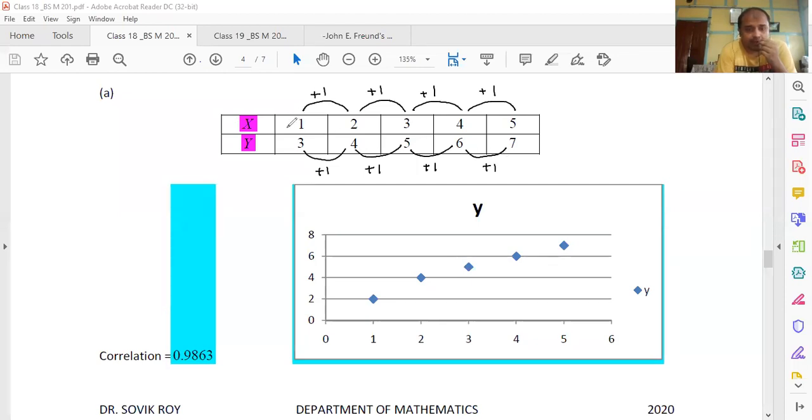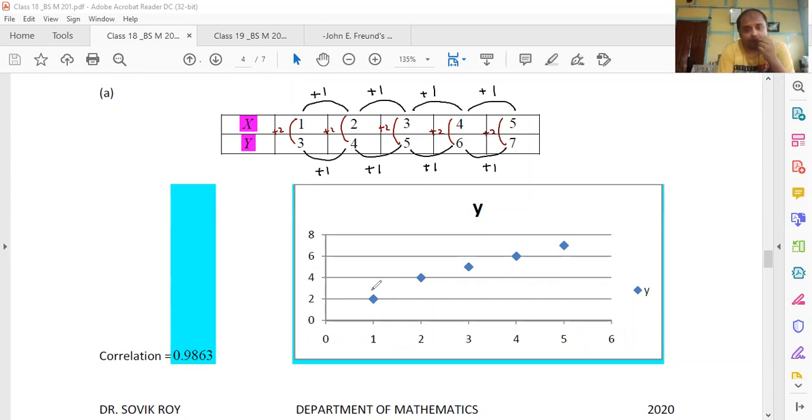If I consider expressions 1 and 3, there is a jump of +2. So actually, Y is related to X by the function Y equal to X plus 2, as you can see very well, isn't it?